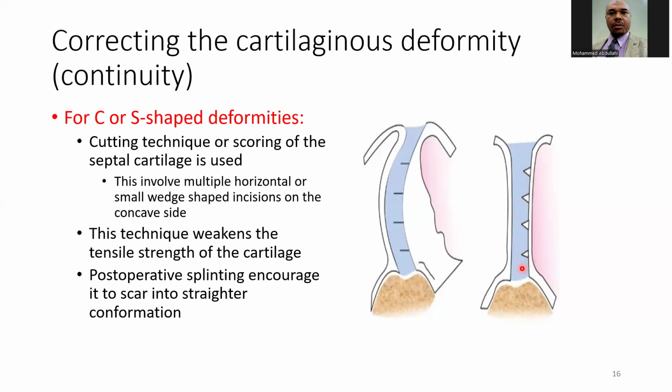This tends to weaken the tensile strength of the cartilage so that it can easily be amenable to retain the straight configuration. And this can be reinforced using what we call a spreader graft, or can be splinted.